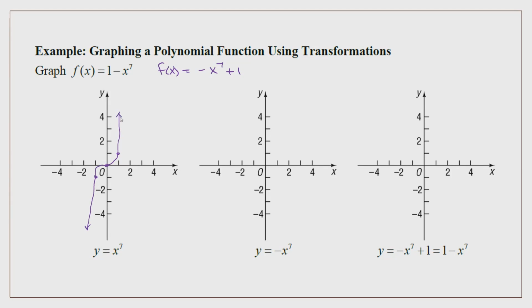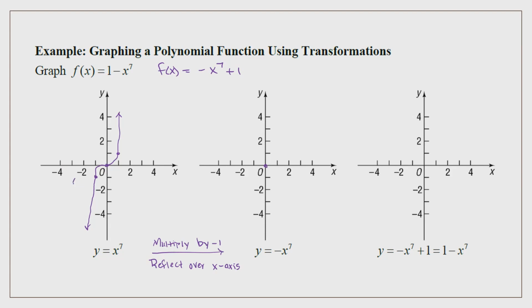Okay. So now our next graph is y equals negative x to the 7th. The difference between these two graphs is that we are multiplying by -1. When you multiply by -1, you are reflecting over the x-axis. So if we're reflecting over the x-axis, our point (0, 0) is going to stay the same.